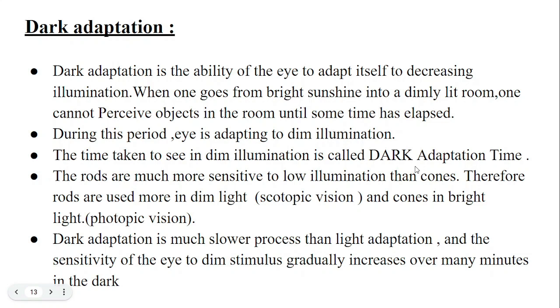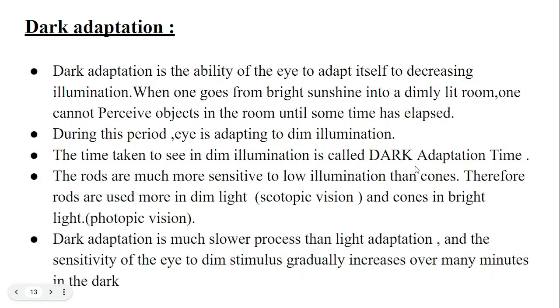Rods are more sensitive to low levels of light and are responsible for scotopic vision, which is vision in low light conditions. Cones, on the other hand, are responsible for photopic vision, which is vision in bright light.